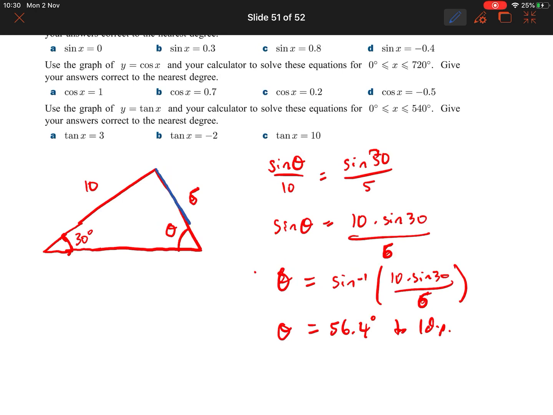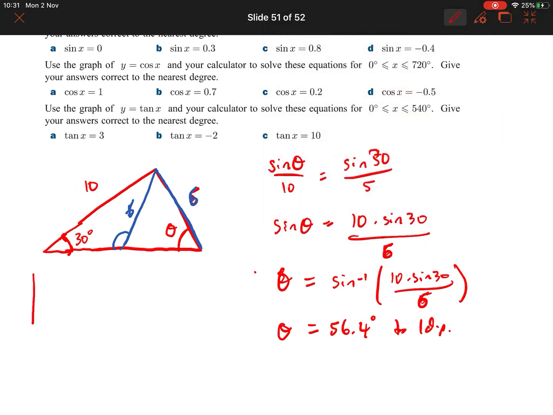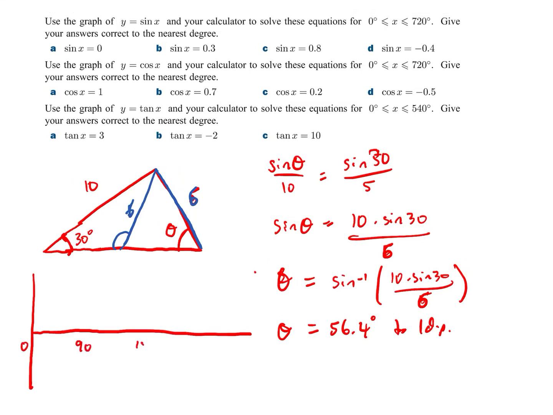Okay, but remember, we didn't know whether we meant for it to be like this, an acute angle, or like this for an obtuse angle. Well, let's look at the sine curve. Sine curve looks like this: 0, 90, 180, 270, 360, and then 1 minus 1.